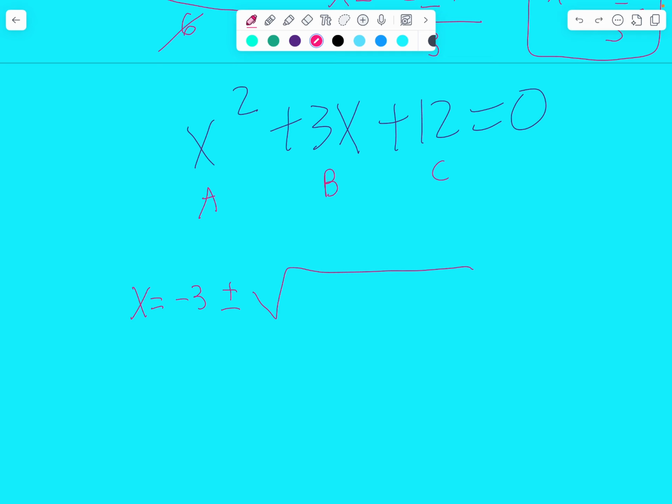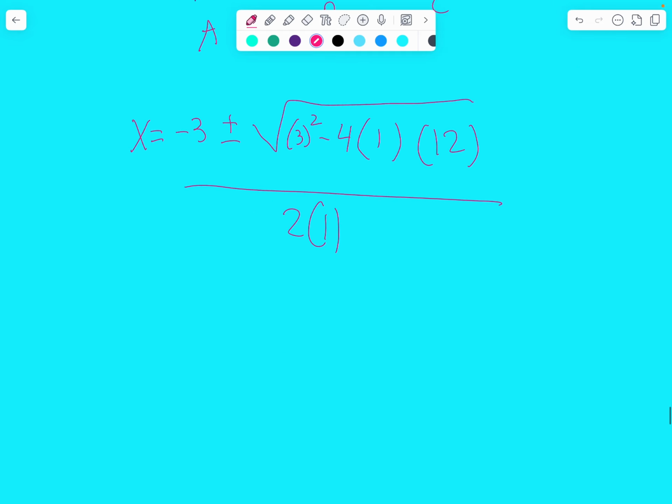But we're going to write it as 3 squared because your teacher might be really serious about that. B squared minus 4 times A, which is 1, because there's an invisible 1, like I always tell you guys, times C, which is 12, it's right there, divided by 2 times 1, okay?